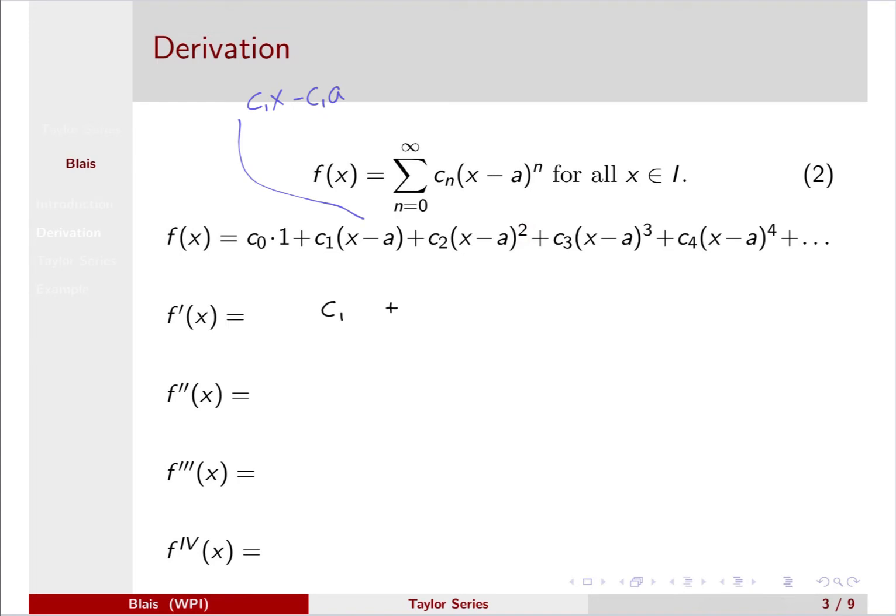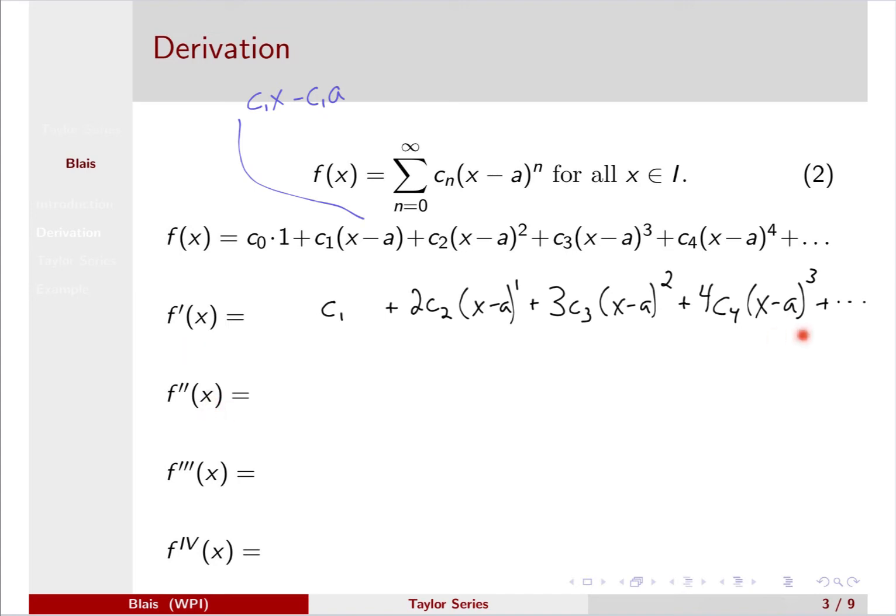The 2 comes out front, and we get 2 c2 times (x minus a) to the 1, times the derivative of the inside function with respect to x, which is, of course, 1. For the next term, we have 3 c3 (x minus a) squared. For the next term, we have 4 c4 (x minus a) cubed, so on and so forth. So that gives us an expression for f prime of x, but we can keep going.